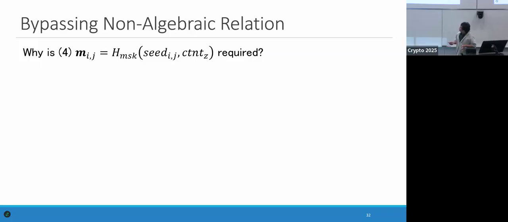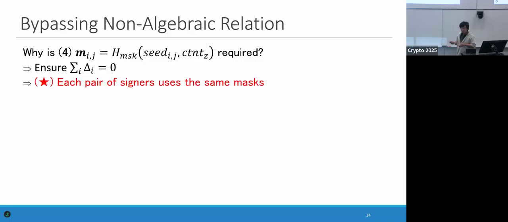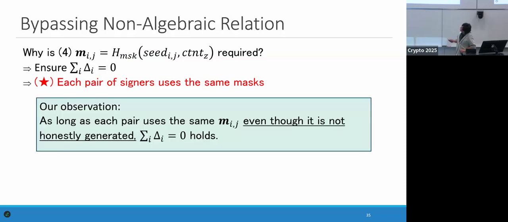Now I want to explain why we need the last relation. This relation is to ensure that masking terms are canceled out by aggregating partial responses. In other words, this is to ensure that each pair of signers uses the same masks.